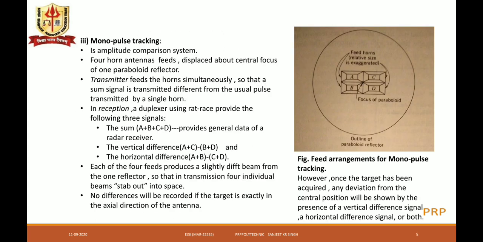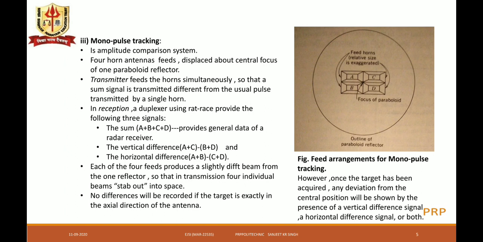So here is the schematic diagram of the feed arrangement for monopulse tracking. Monopulse tracking is actually an amplitude comparison system in which there are 4 feeds, which are horn antenna feed mechanisms, displaced about the central focus.